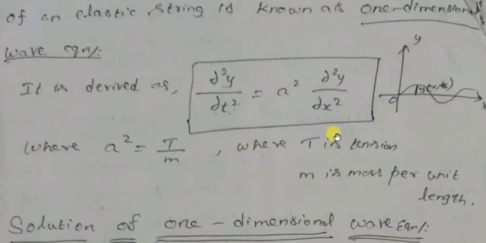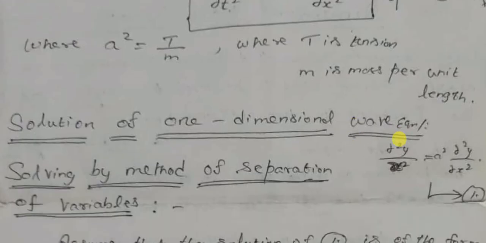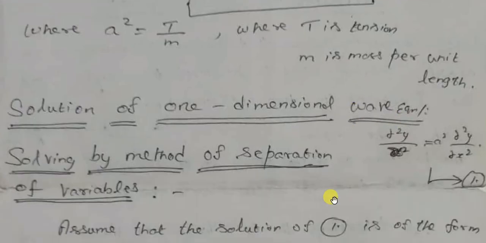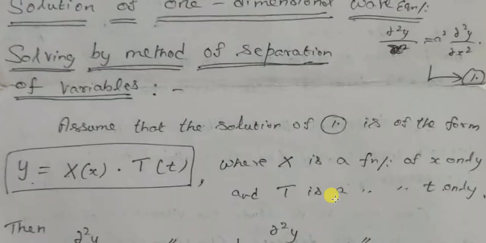This is very important. Solution of one-dimensional wave equation is derived by method of separation of variables, and the derivation is not required. But what are the solutions we are getting for this one-dimensional wave equation, it depends upon the value of k.